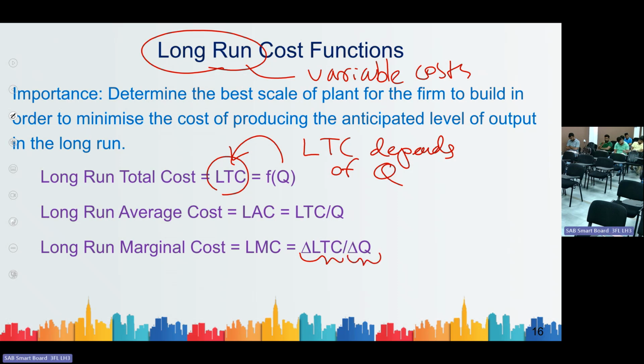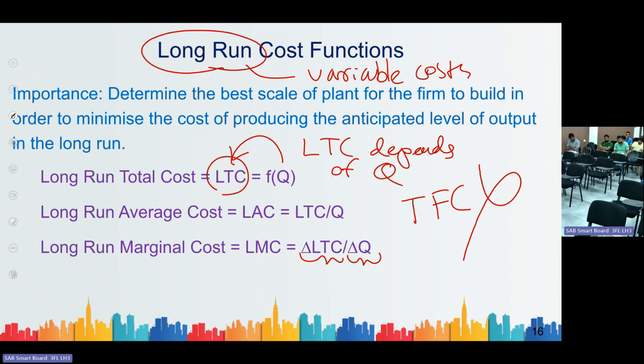They are almost the same. There is no cost concept called TFC in the long run. So long run average cost is long run total cost divided by output.